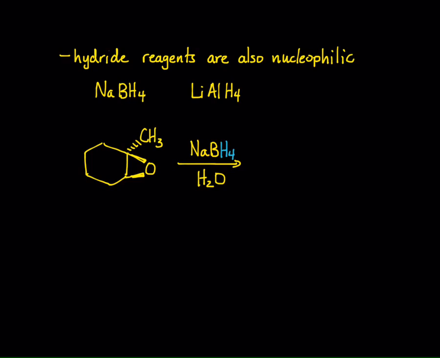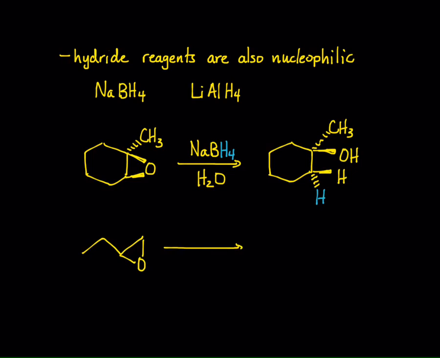Now again, hydrides are basic, so the same rules apply as in basic conditions. I'm going to transfer a hydride to the least substituted carbon, the carbon on the bottom there, and open up that ring, and I get this as my product, right?